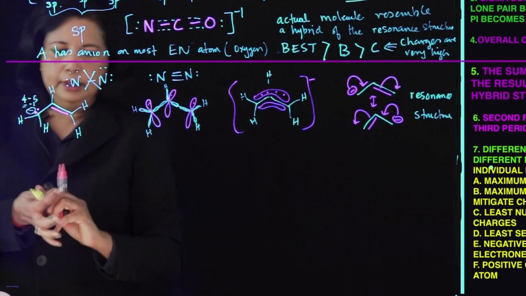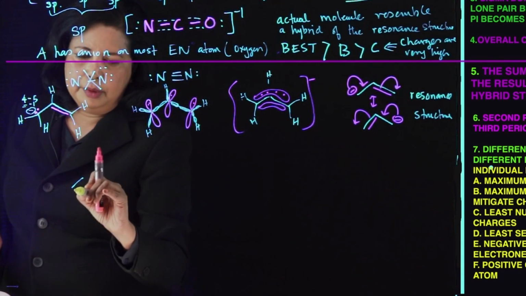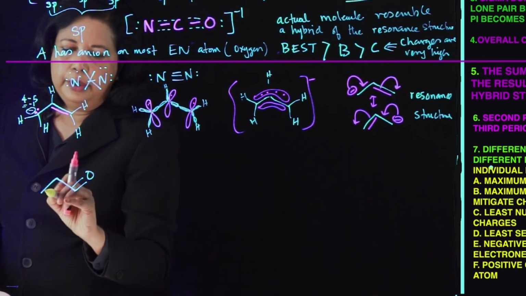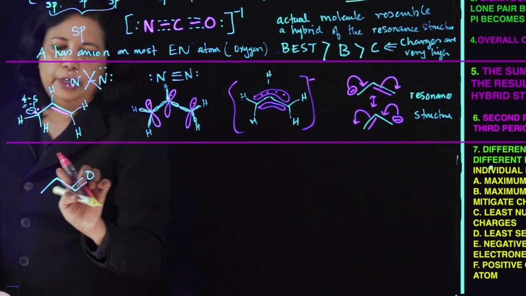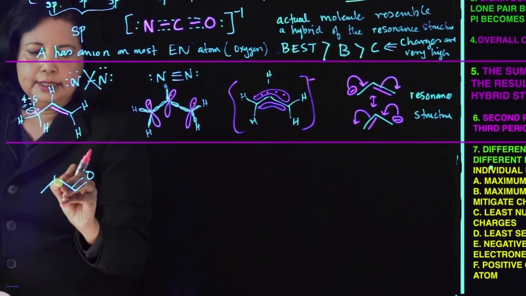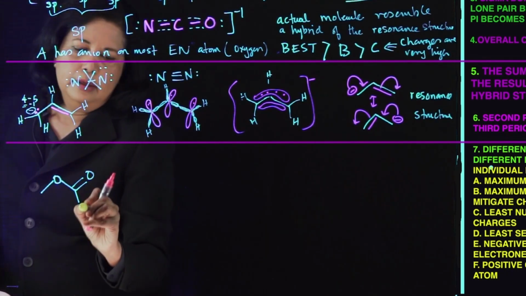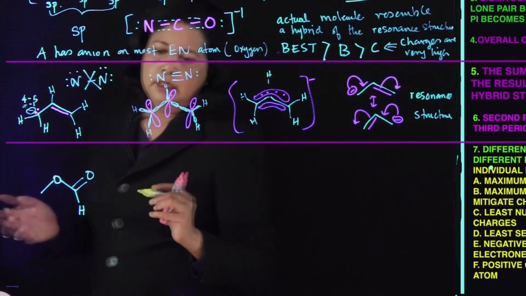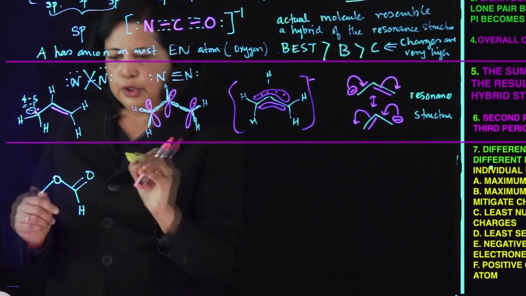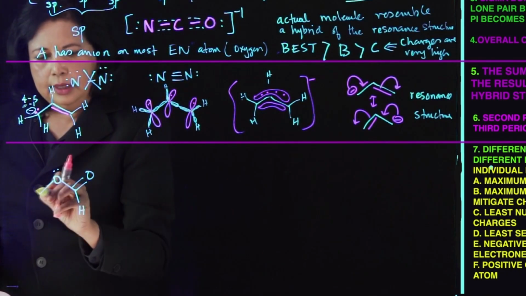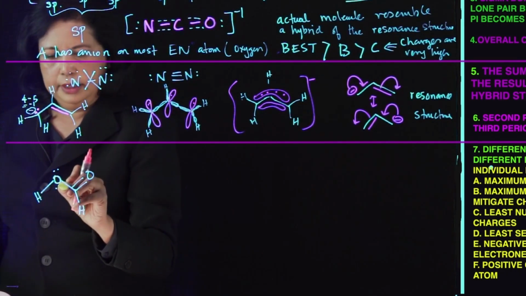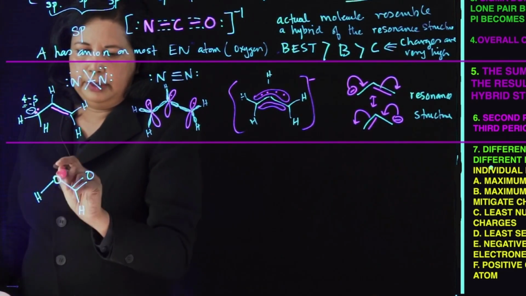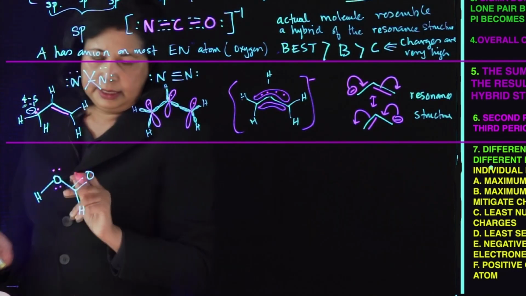For example, if you have a double bond like this, and let's say you have an oxygen like this, where should you start? First of all, draw all of your lone pairs. Let's say there's a hydrogen or carbon, doesn't matter. I'm going to draw them in a different color because they are the ones participating.